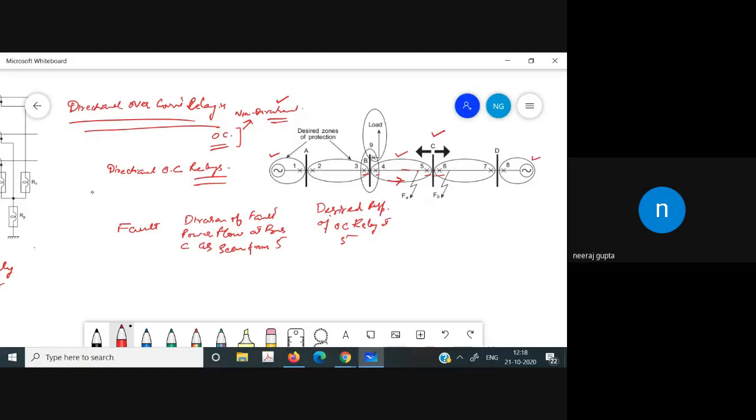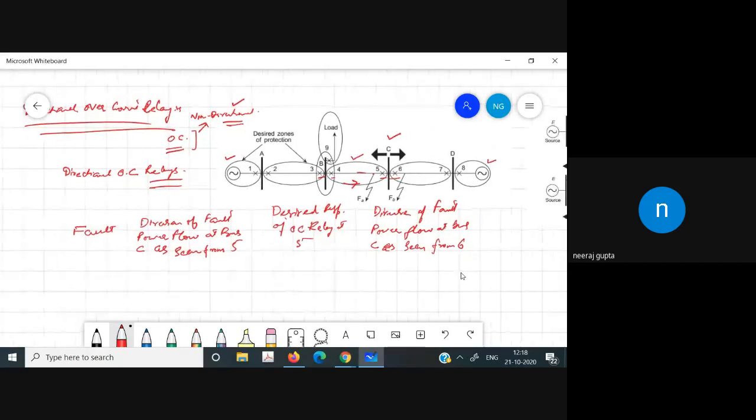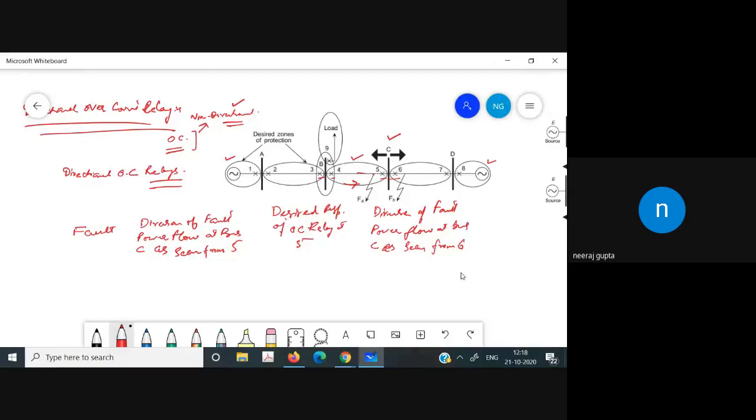Next is the direction of the fault power flow at bus C as seen from 6, then the desired response of the overcurrent relay at 6.